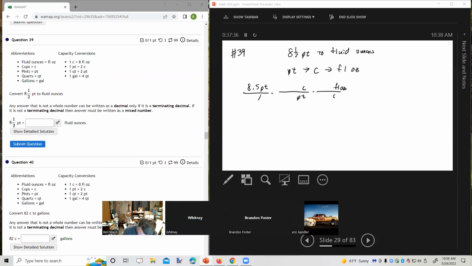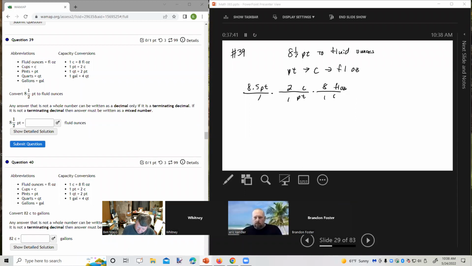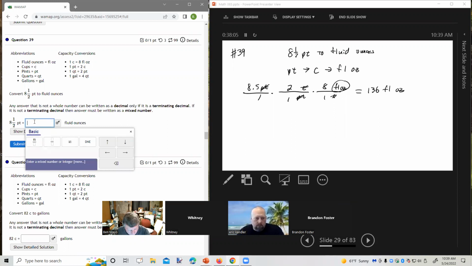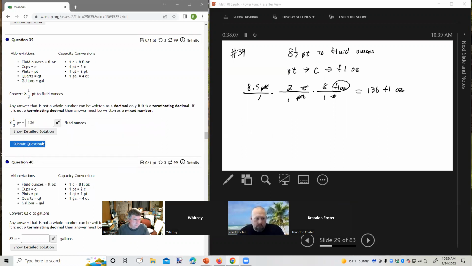And it says 1 pint is 2 cups. 1 cup is 8 fluid ounces. All righty. So units of pints would cross out, units of cups would cross out, and we'd have fluid ounces. So I'm going to take 8.5 times 2 times 8, which is 136 fluid ounces.